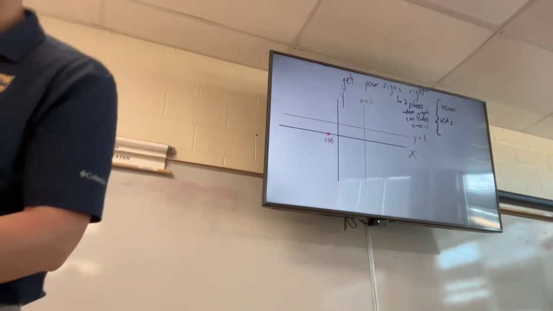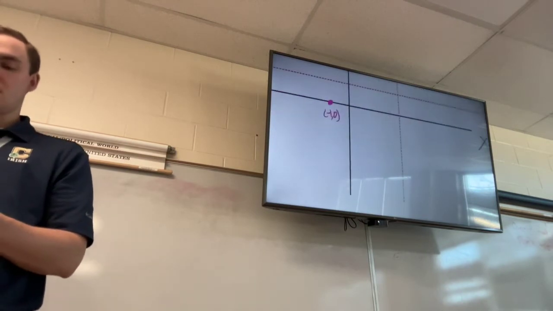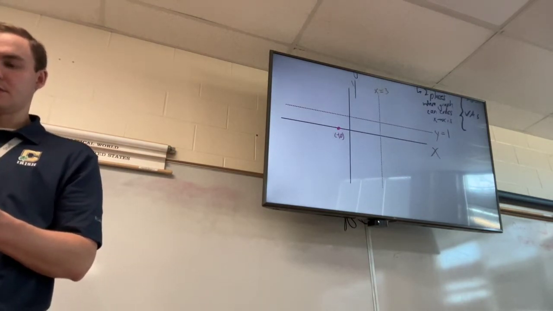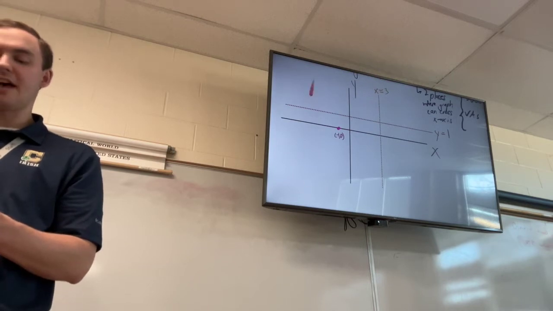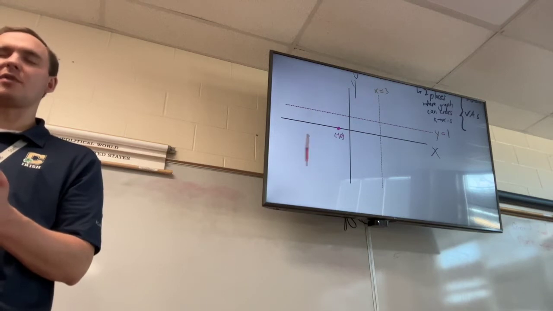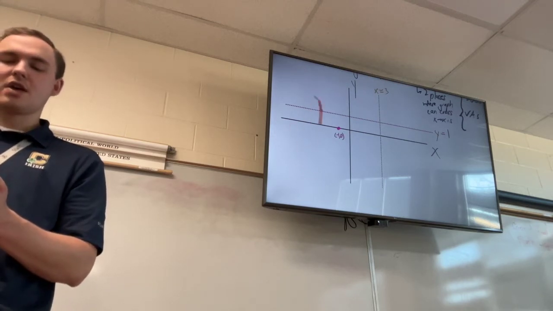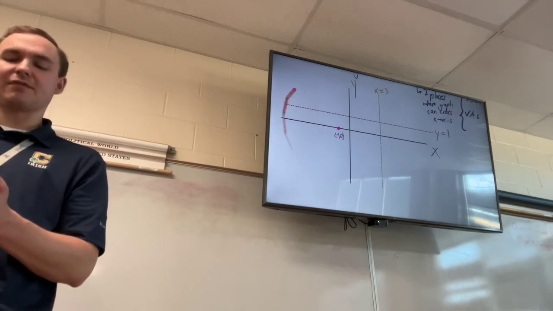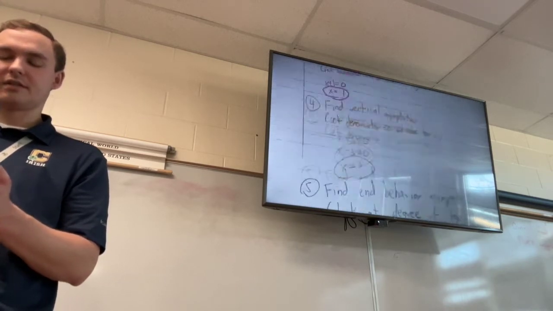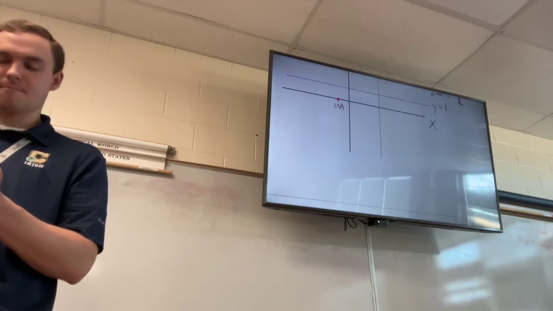So here's what I'm going to do. I want to make what's called a sign chart. You look to the left of either your first zero or your first vertical asymptote, whichever comes first, and you plug an x from this region into your original function: x plus 1 over x minus 3.